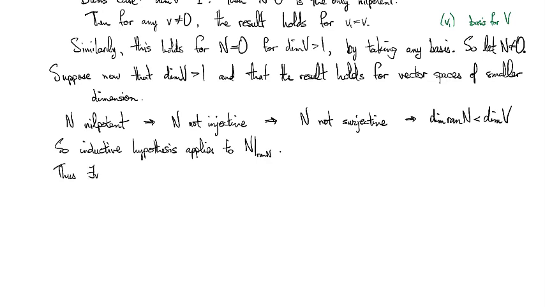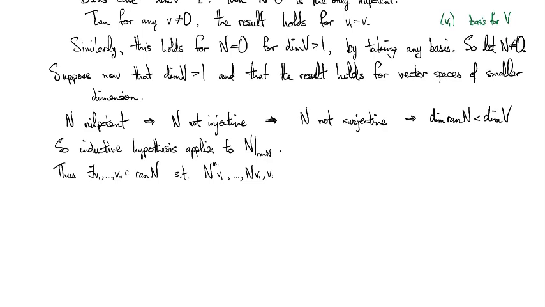Okay, so thus there exist v1 up to vn in the range of n, such that if we look at n to the m1 applied to v1, so here are all the powers of n applied to v1, including the 0th one right there. And then you also do the same thing for v2 and vk all the way up through vn. Like this.